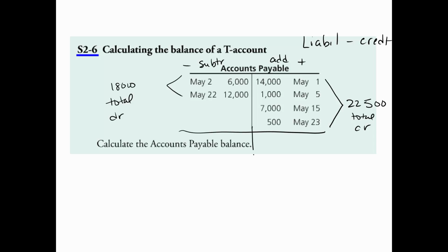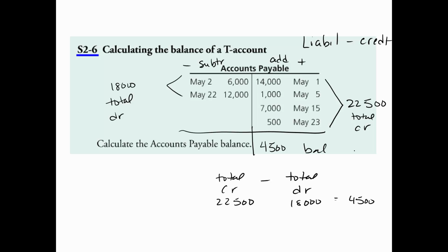So for the balance in the account, the credits are bigger, so I take the credits minus the debits, and I come up with 4,500 as my balance. So this is total credits of 22,500 minus total debits of 18,000 gives me 4,500.